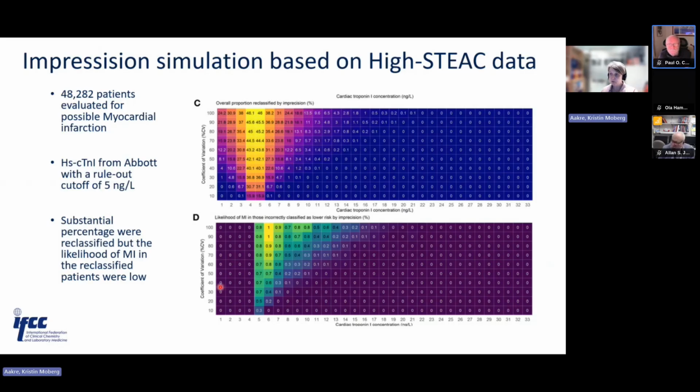However, if you come down here and look at the likelihood of a reclassification for MI patients, the likelihood is very, very low. Even if you have 100% CV, there is only a 1% or less chance of reclassifying an MI patient into non-MI. So very safe.